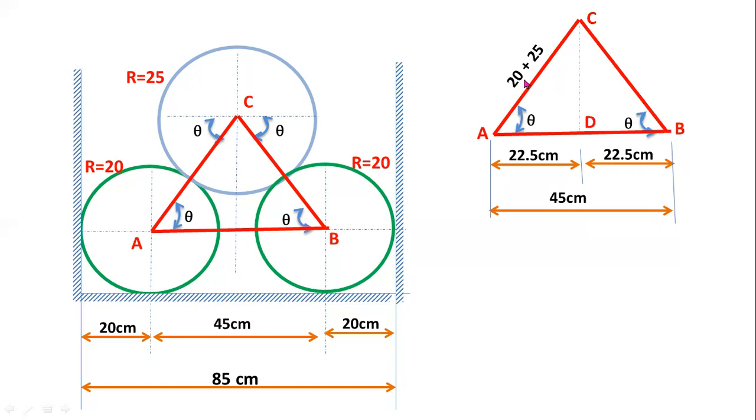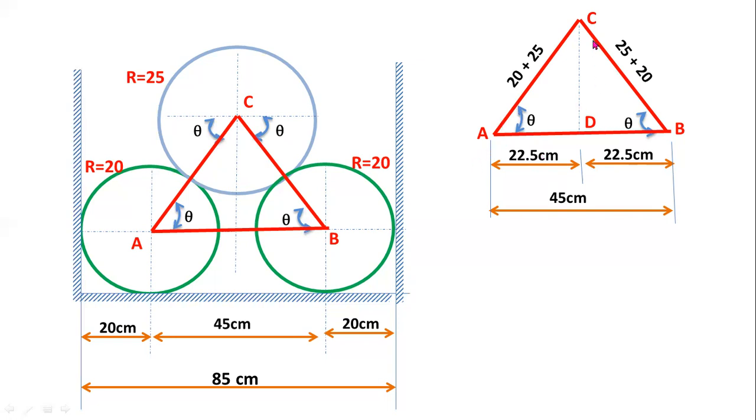20 centimeters is the radius of the bottom cylinder and 25 centimeters is the radius of cylinder C. So AC is equal to 45 centimeters. In a similar way, the length of line BC is also 25 plus 20, which is also 45 centimeters. So this triangle is an isosceles triangle.